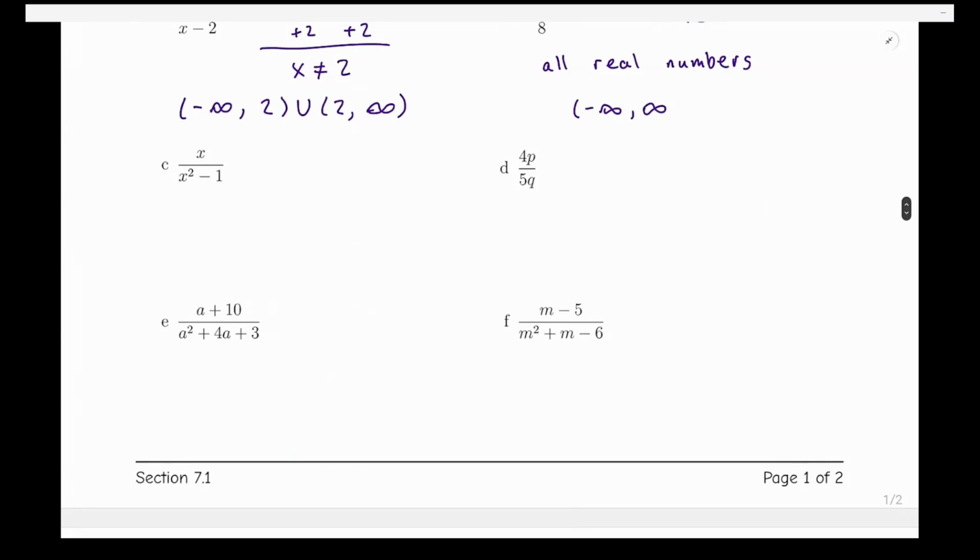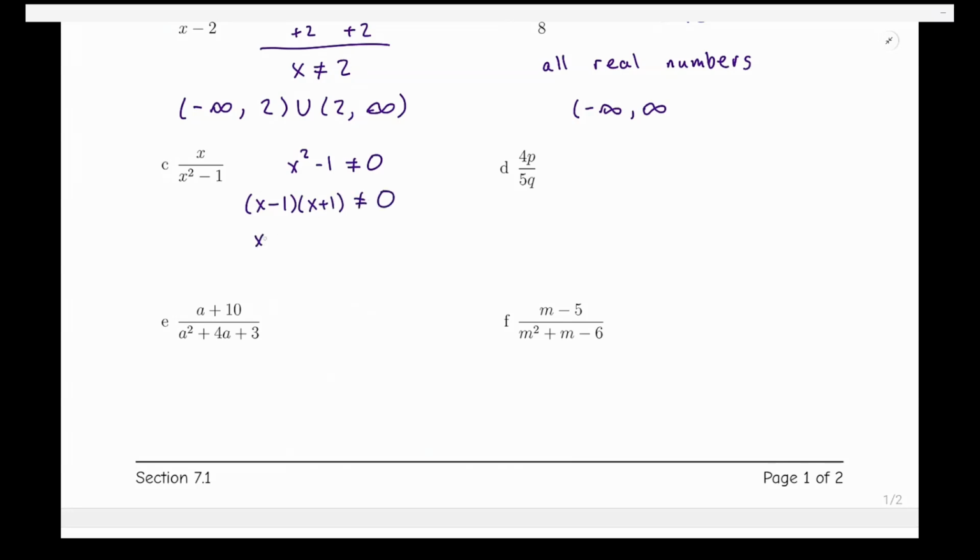Part C, x over x squared minus 1. Well, that means x squared minus 1 cannot equal 0, because that's in the denominator. Now, we solve this like we did in chapter 6. So I'm going to factor x squared minus 1 using difference of squares.